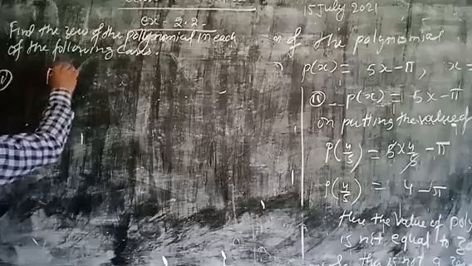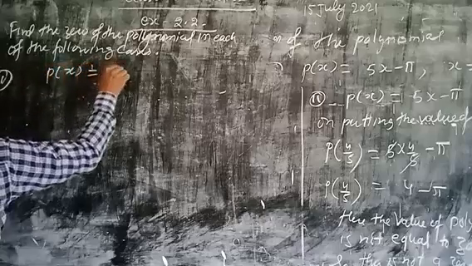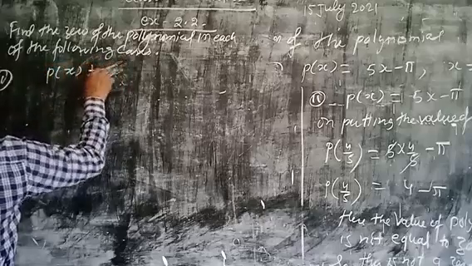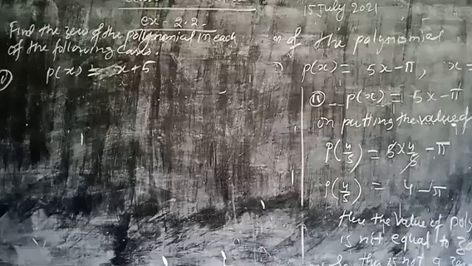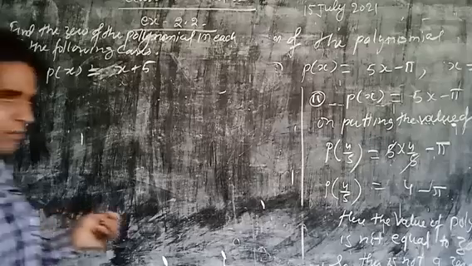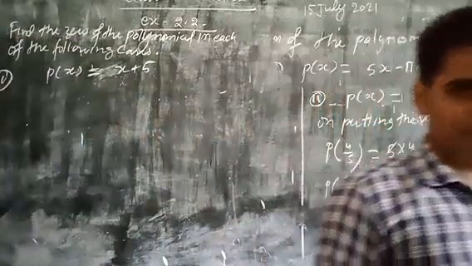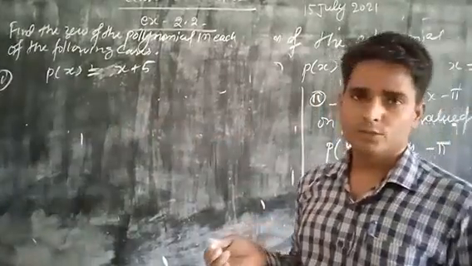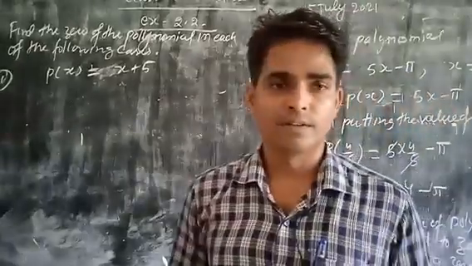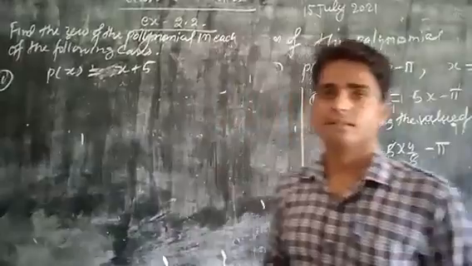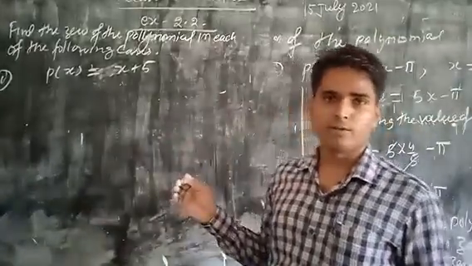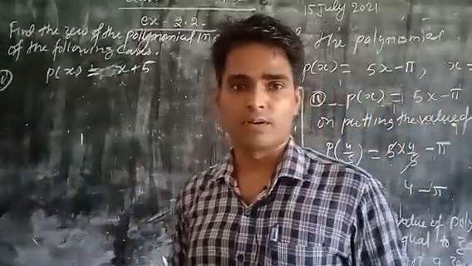Number first, p(x) is equal to x plus 5. So this is the given polynomial which is x plus 5. Friends, while putting the value of x, if we get the total value of the given polynomial equal to 0, then we can say that the given value is a zero of the polynomial.